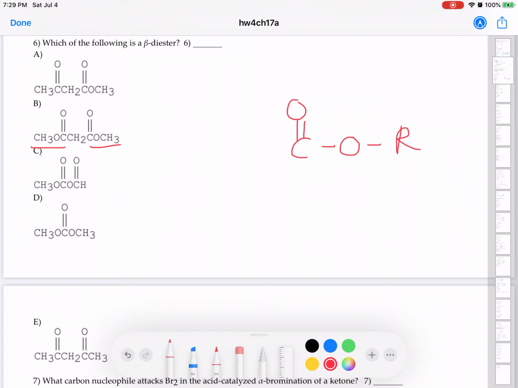So if this is the carbonyl group of interest, and this is your alpha, and this is going to be your beta, then that means it's a beta diester. The beta position has two esters, so the correct answer is B, because there are two esters. It's a beta diester. And C is not a diester, D also not a diester, E also not. So the correct answer for that is B.